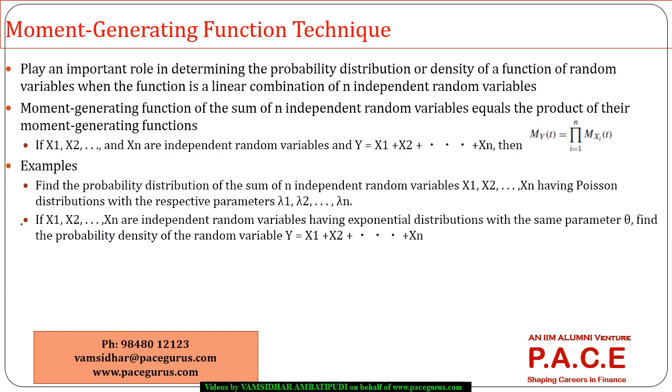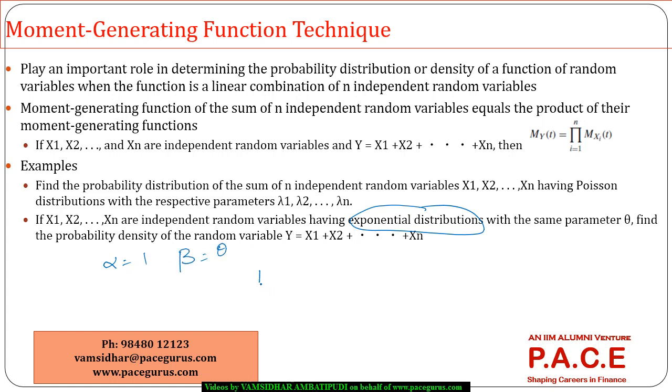Similarly, take one more example: x1, x2, xn, independent random variables having exponential distribution with the same parameter theta. Now, what is the moment generating function for the exponential distribution? The exponential distribution is a gamma distribution where alpha equal to 1 and beta equal to theta.